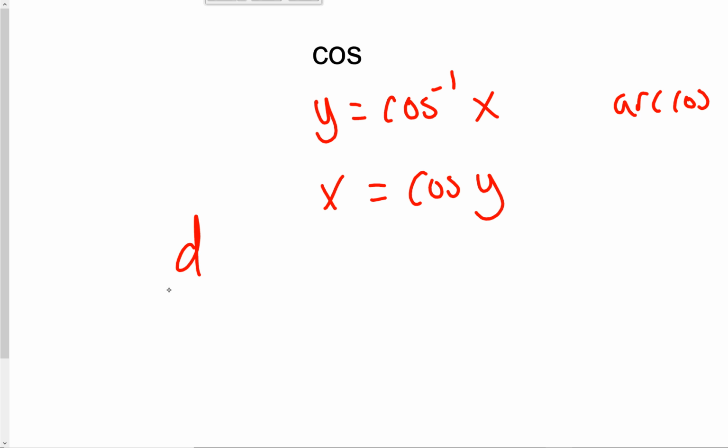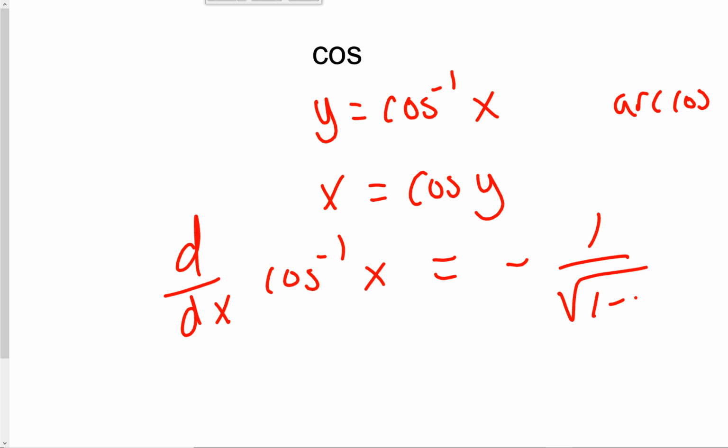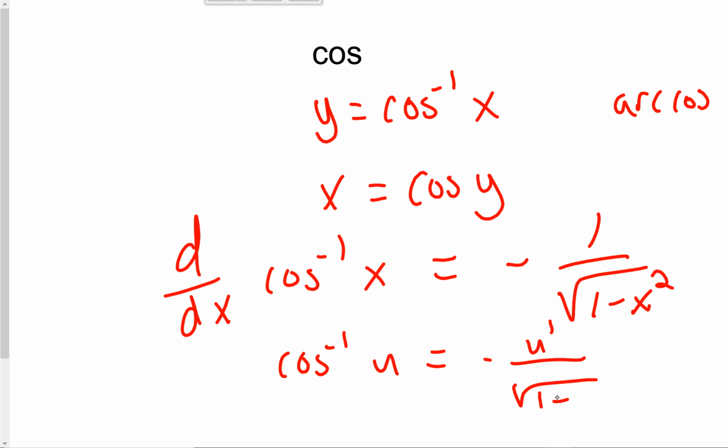So the derivative of cosine inverse of x is equal to negative 1 over square root of 1 minus x squared. So that means when I do the u, anything other than x, it's negative u prime over square root of 1 minus u squared.